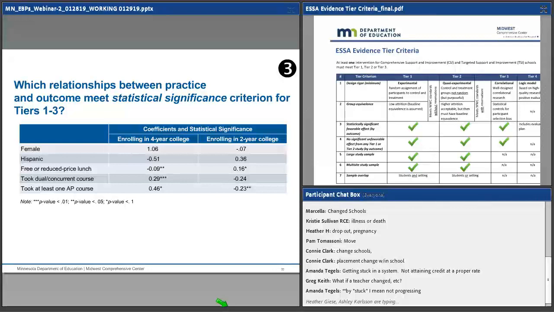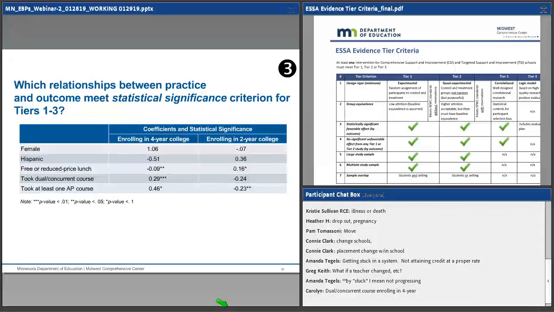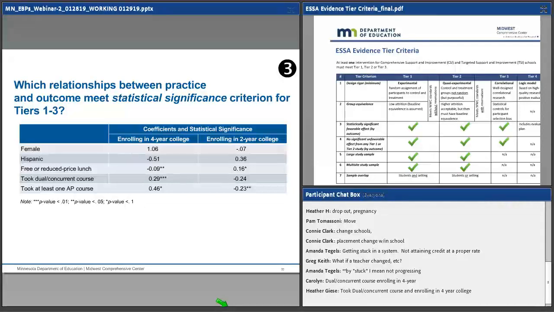People are still typing. A number of people are still typing. Still typing. Wow, I'm getting some very sophisticated answers, I think.